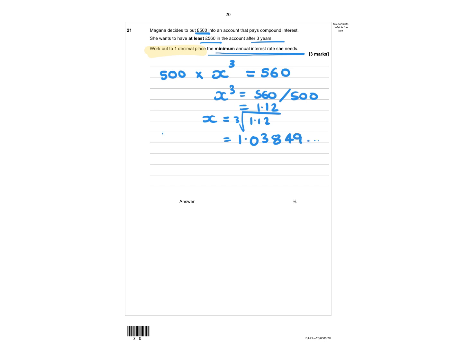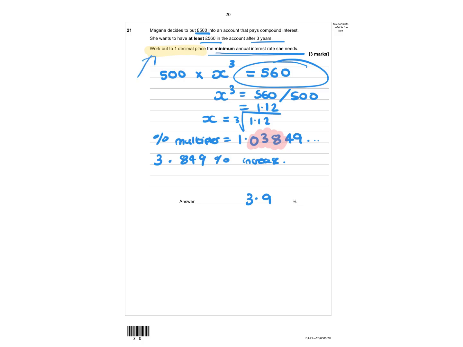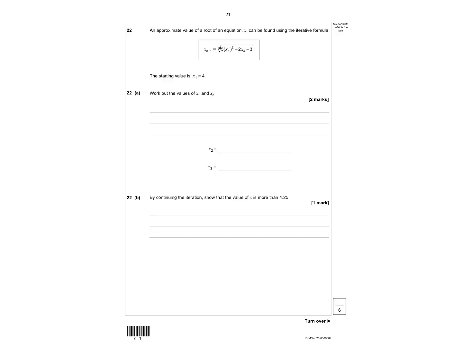Now, if that's my percentage multiplier, I need to work out what the actual percentage increase involved in that. And that comes from this part of the number. So if it's a 1.03849, that tells me it's a 3.849% increase each year. But remember, that's going to get me to exactly 560. So if I want it to be more than 560, I'm going to need to make that 3.9%, not 3.8%, because remember, the question wants our answer to one decimal place.